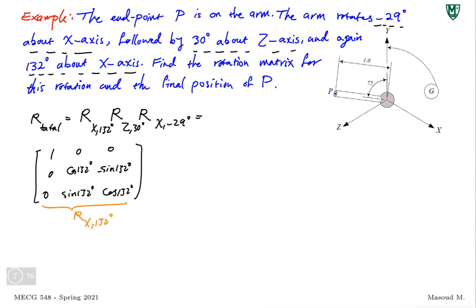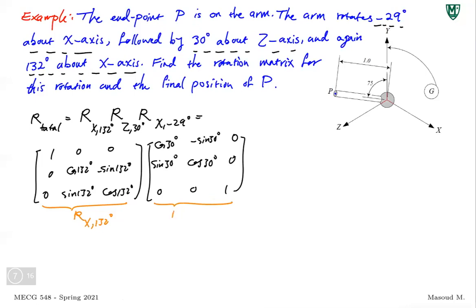Multiplied by another 3 by 3 matrix, z and 30 degrees. So z means 0, 0, 1, 0, 0, and cosine 30 degrees, minus sine 30 degrees, sine 30 degrees, cosine 30 degrees.